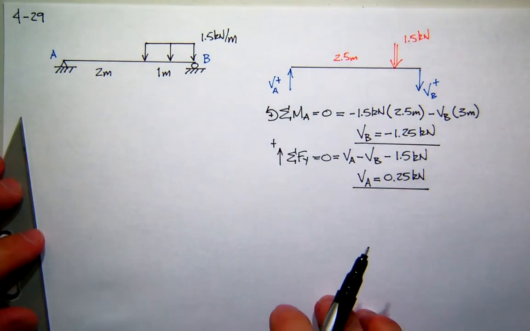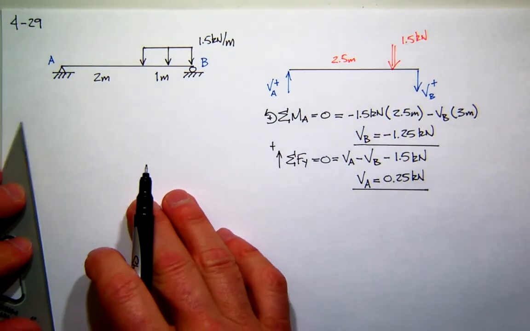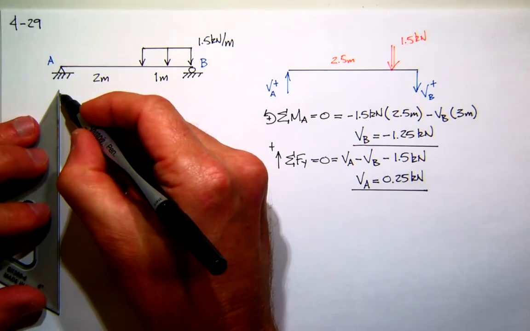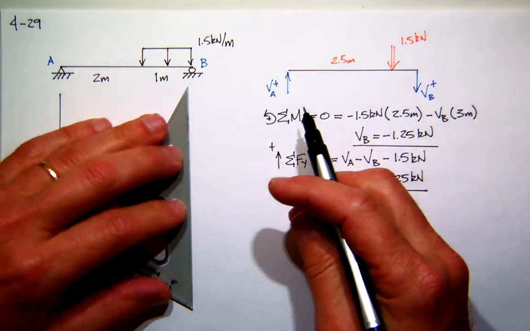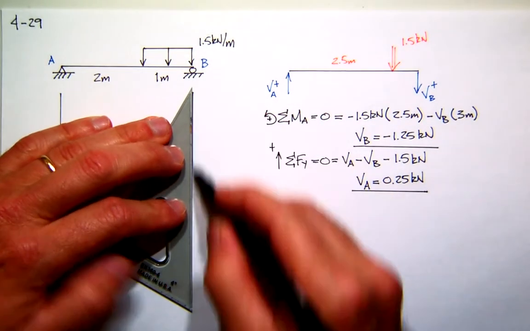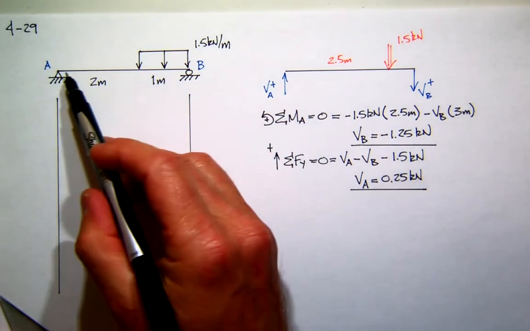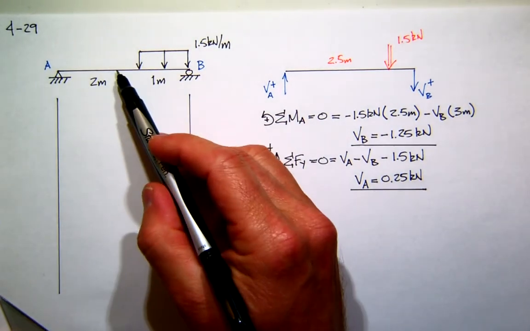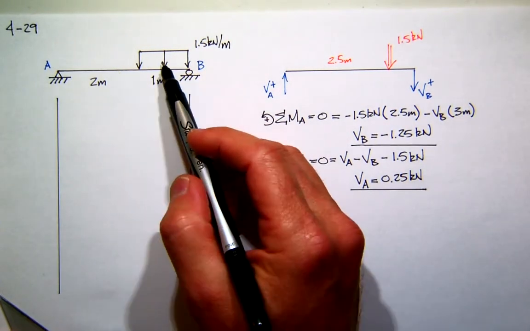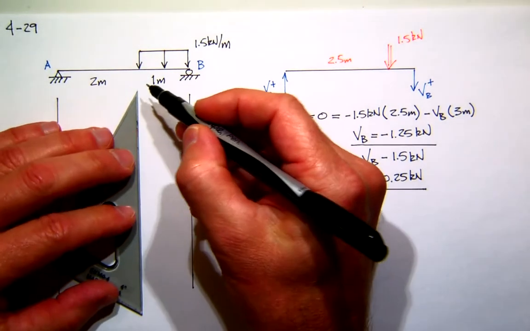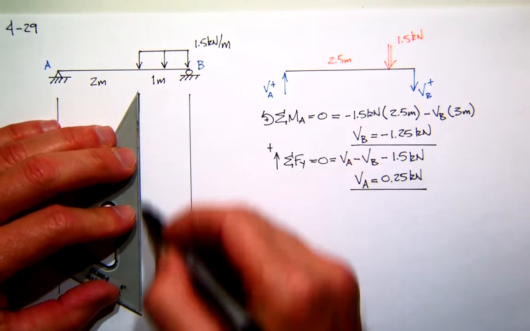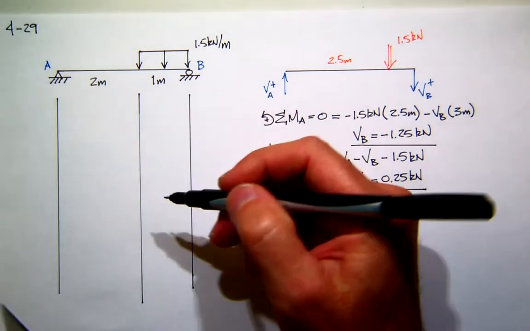Now I'm going to come back over to my original diagram, and I'm going to quickly draw a template, which will kind of give me an edge. Another place that's probably something's going to happen is right here where we have this transition from no load to some load. So at about 2 meters over, I'll add another line to my template.